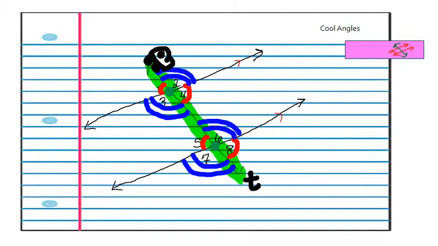So we have two intersections here because we have two parallel lines, line L and line M. And I think of things like angle 1, 2, 3, and 4 as being the four corners of the street. Angle 1 being the first corner at the top on the left-hand side. Angle 2, the top right-hand side. Angle 3, bottom left-hand side. Angle 4, bottom right-hand side.